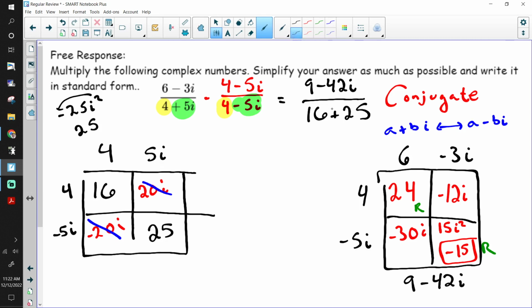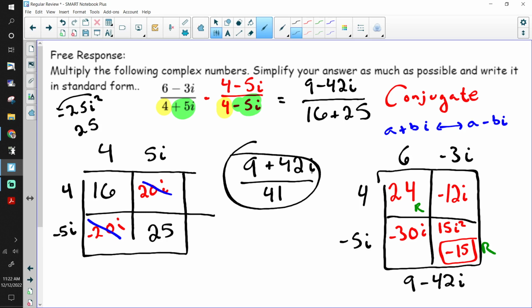So our final answer after adding the denominator is 9 minus 42i over 16 and 25 gives us 41. Okay, so this right here is my final answer. And that is it. These are exactly the 2 problems you will see on your midterm.